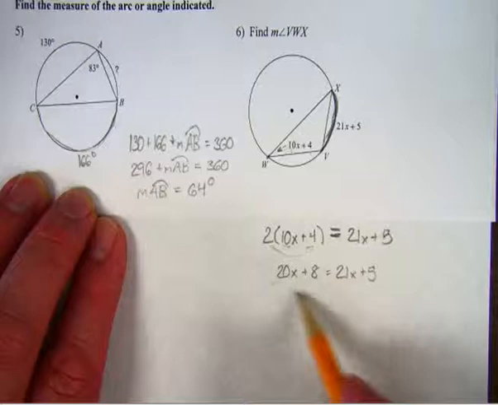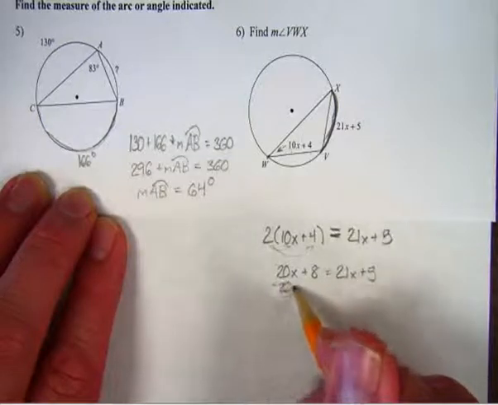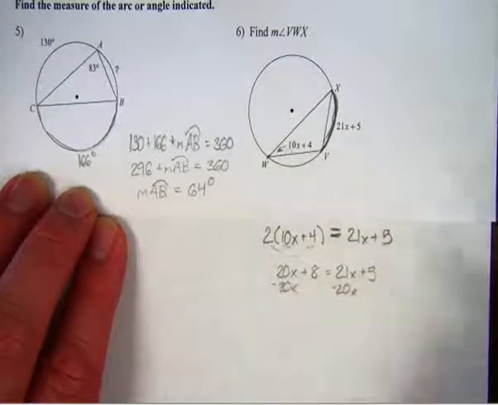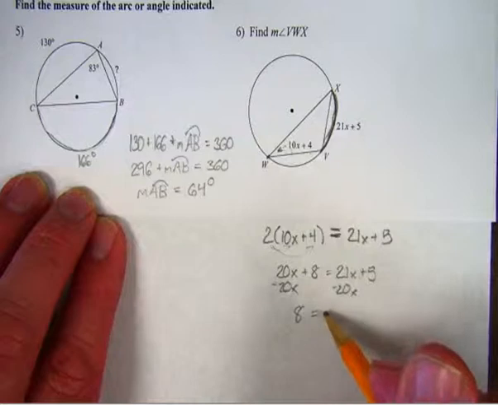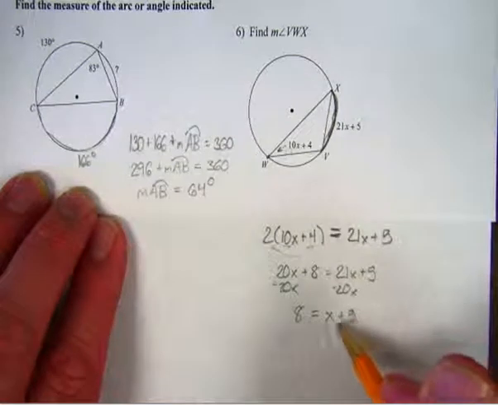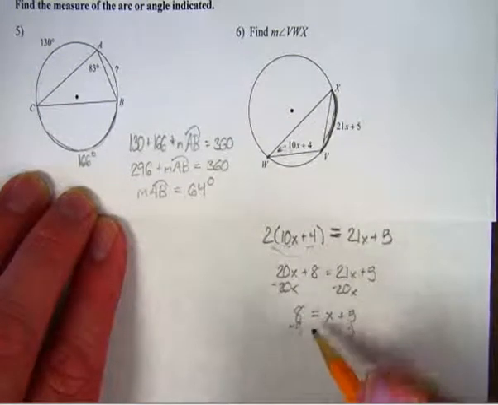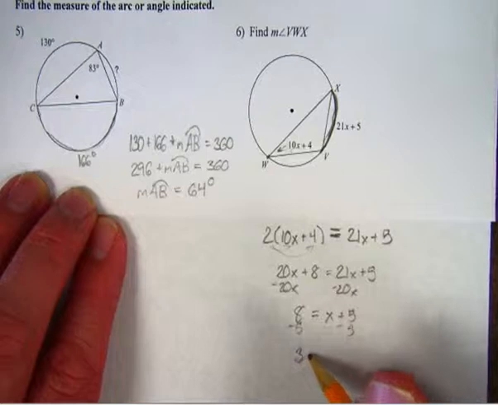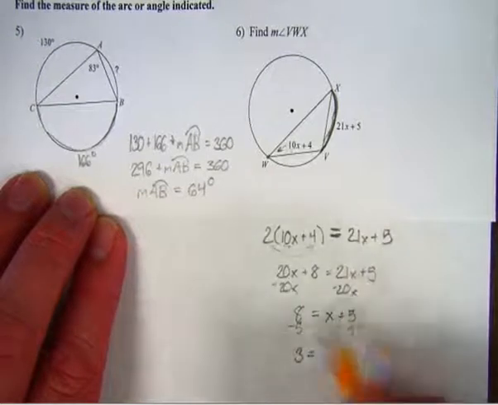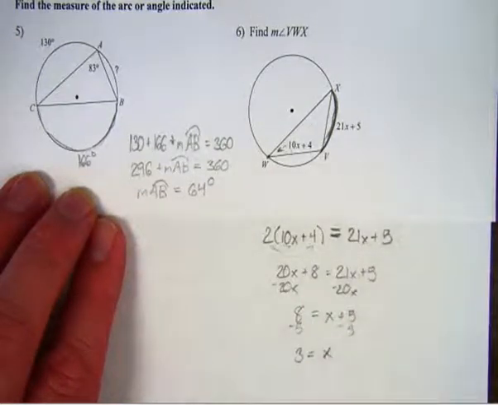I'm going to move my x's over to this side. So I subtract 20x from both, and I'll find that 8 equals x plus 5. Subtract 5 from both sides, or simply just realize that something plus 5 equals 8, that something must in fact be 3.